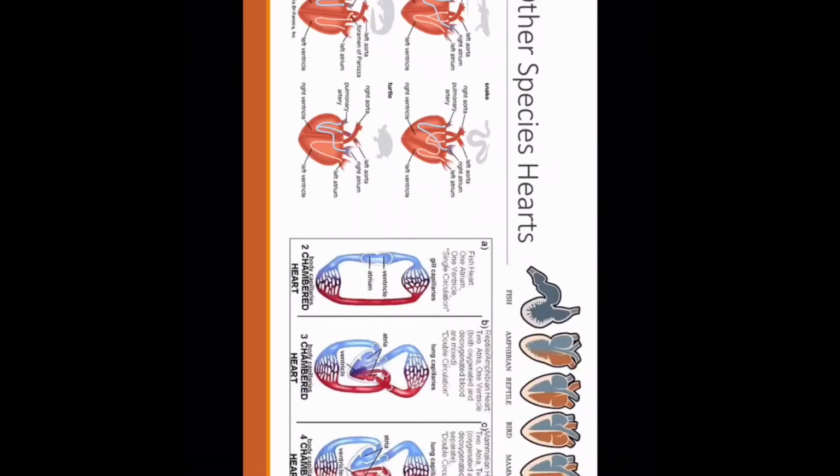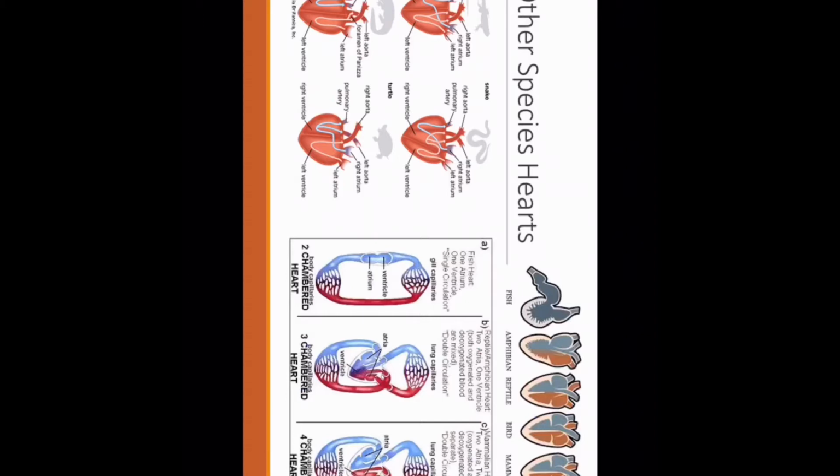So second off, let's talk about some other species' hearts. Like I said, most of this presentation is going to be focused on the human heart, so I thought I would throw in the other types of hearts that we have. And there's a couple, at least, right? So we have the 2, 3, and 4 chambered hearts. They're roughly the same because it's just a system that's being pumped through.